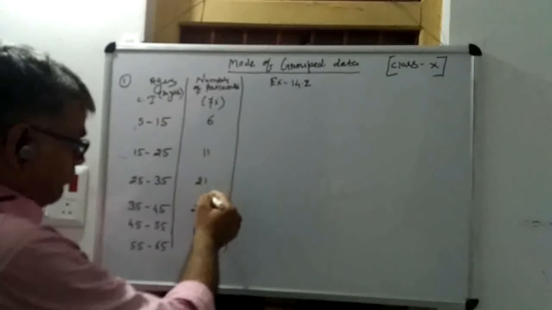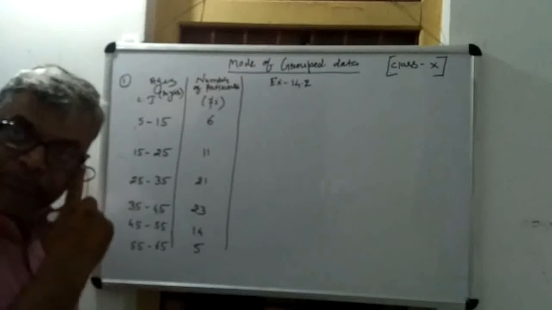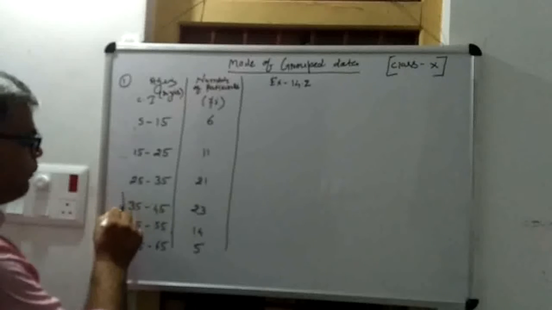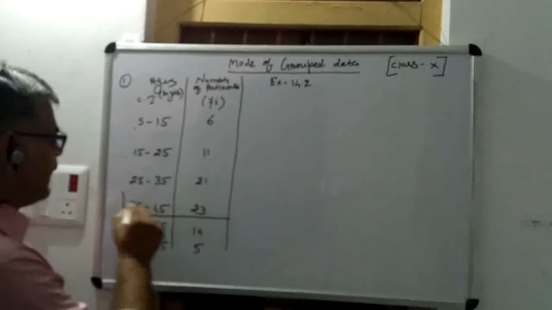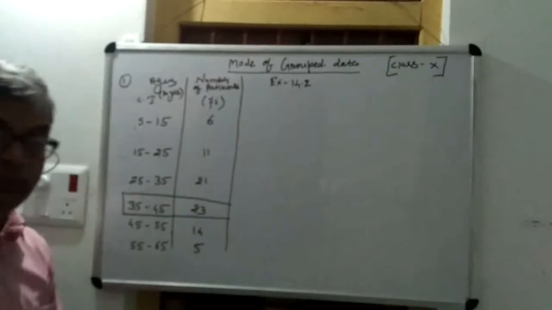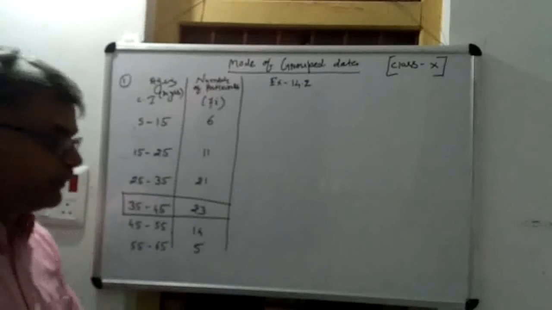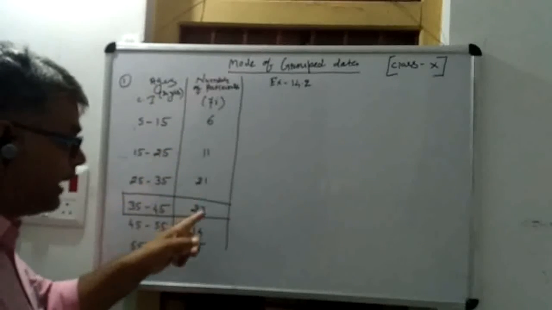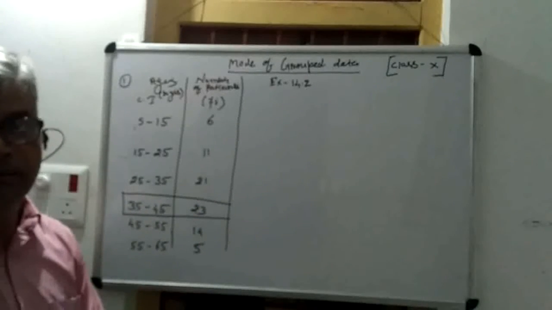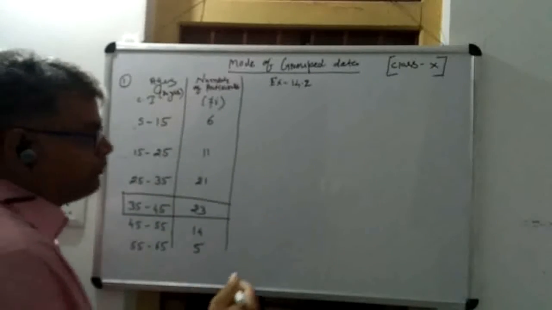In this table, we can see that 23 is the largest frequency. So the corresponding class interval, 35 to 45, will be your modal class, which I have marked in a group. Now from this you apply the formula for mode.